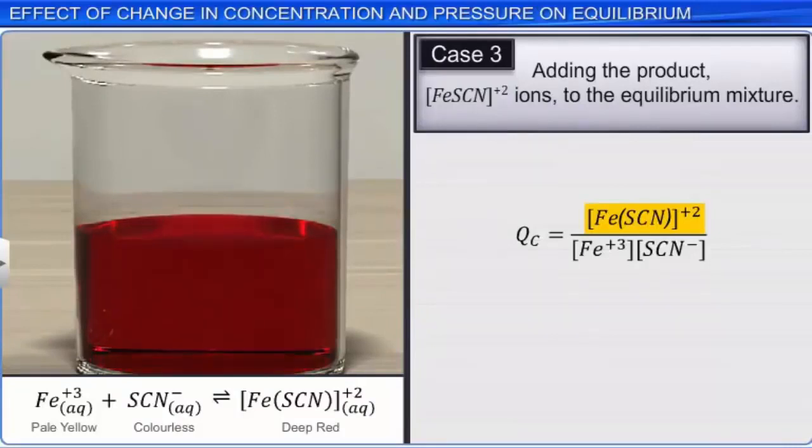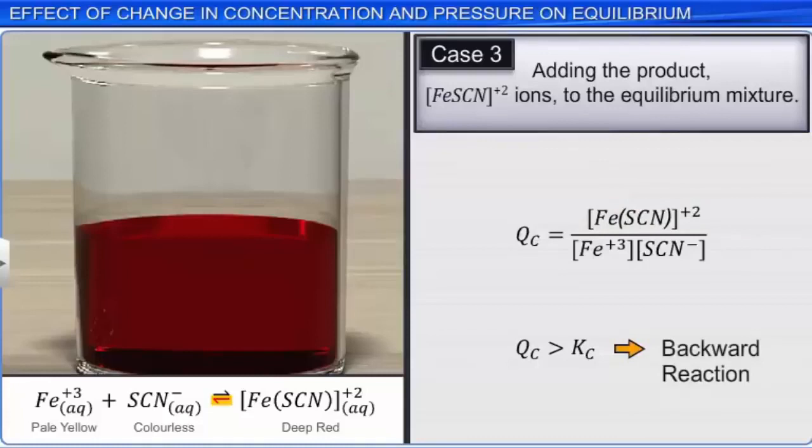Thus, you can say that adding a product to the equilibrium mixture results in the backward reaction. This results in Qc becoming greater than Kc. Hence, the backward reaction, that is, the dissociation of FeSCN2+ ions into Fe3+ and SCN- ions, takes place.